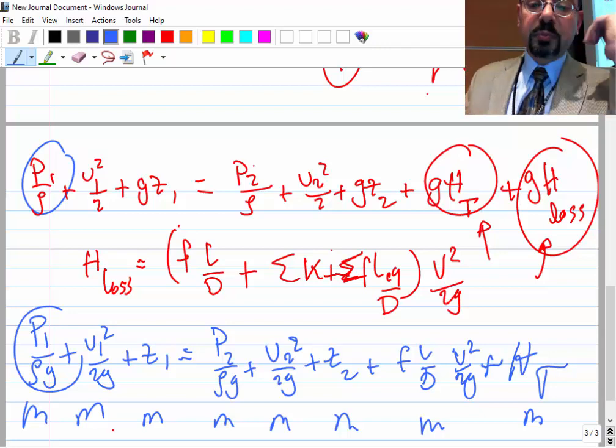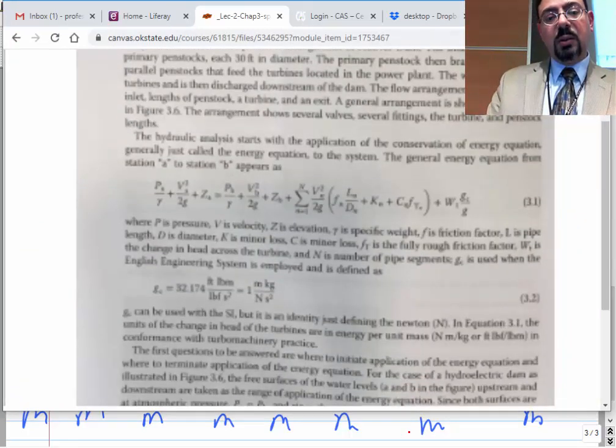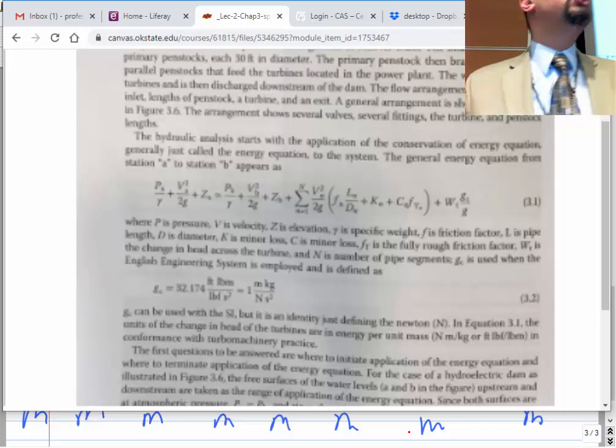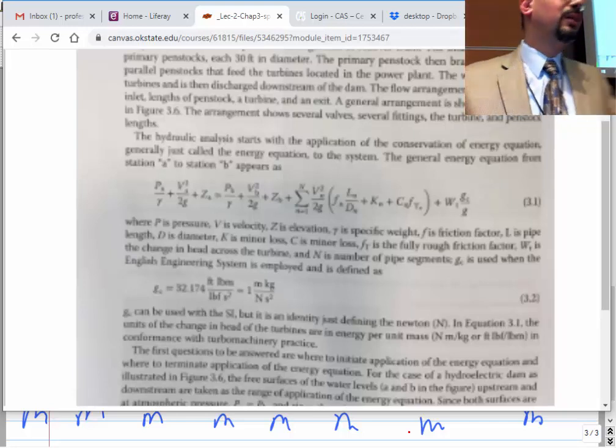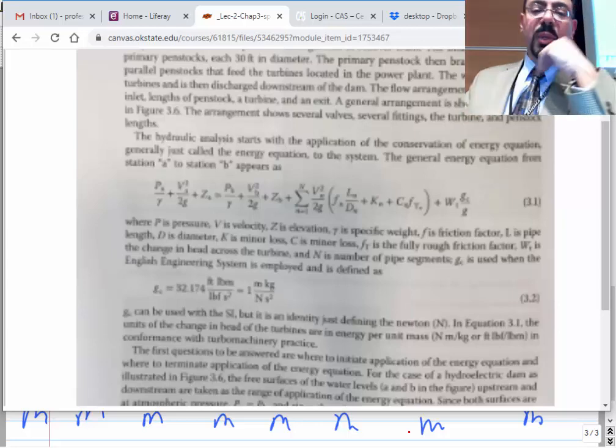Okay? So this is what he is doing over here. Right? So dividing the work of the turbine over g, the work of the turbine was gH over g, that becomes H turbine. Make sense? Okay? Work of the turbine over g becomes H.